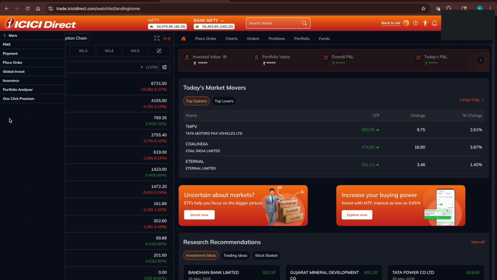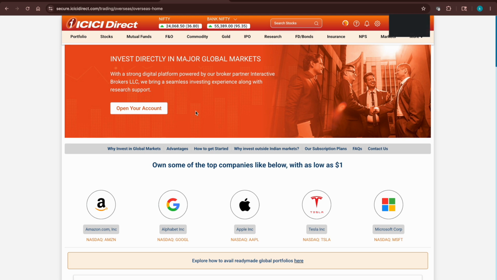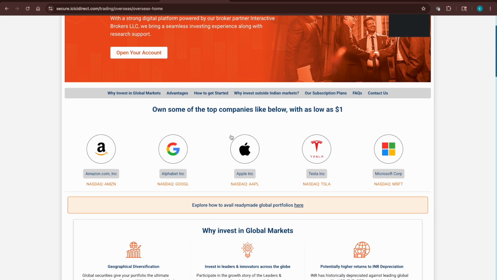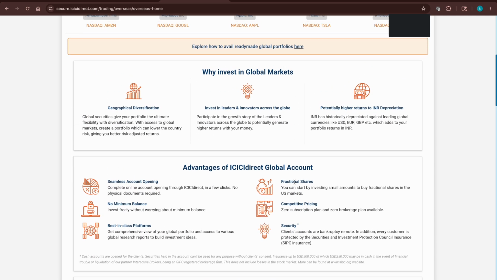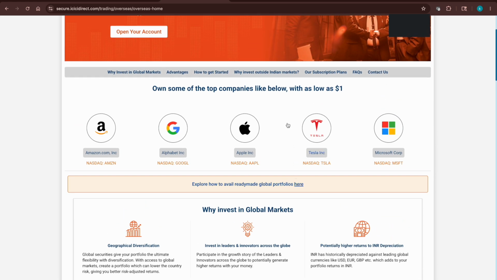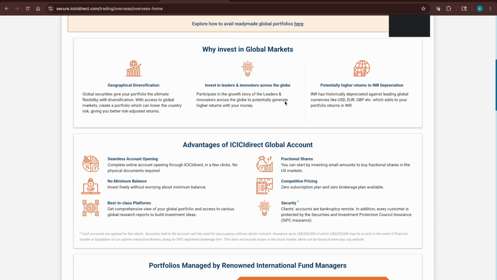If I go into More on the screen and then click on Global Invest, it takes me to a screen where it will allow me to create a new account that is connected to my current account, and I will be able to buy companies like Google, Amazon, any of the US stocks that we want to buy directly, sitting in India, working through ICICI Direct. And they also allow fractional stocks, so you can buy smaller portions of a single stock if the stock price is very high in Indian rupees.